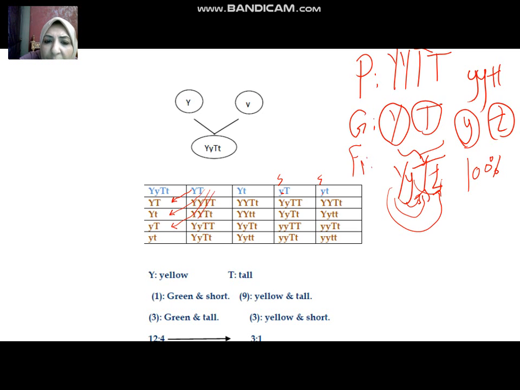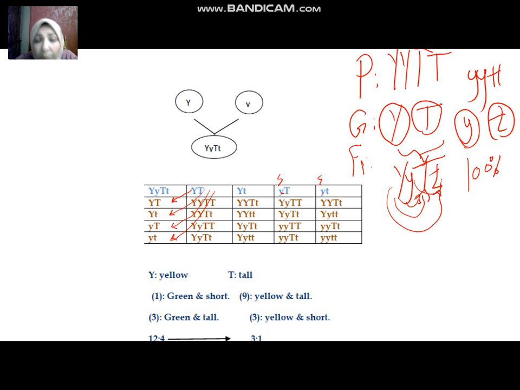And first with fourth, Y capital, Y small, and T capital T small. Number 2: I'm sorry, it will be Y capital, Y type.